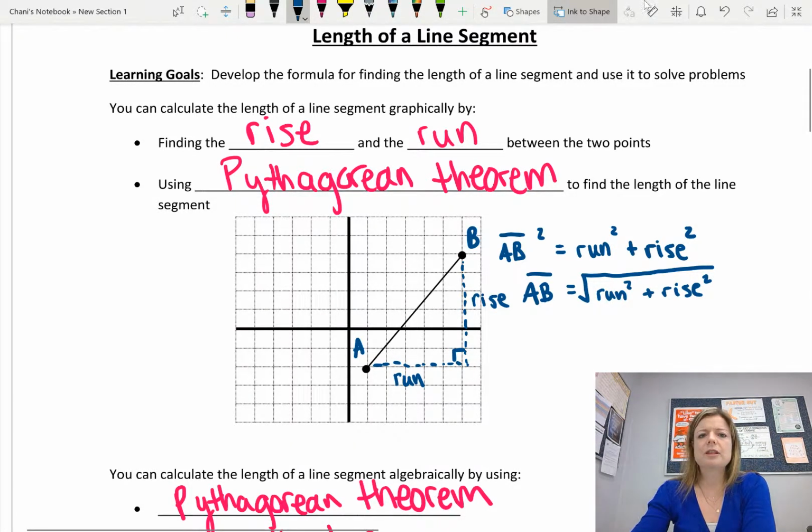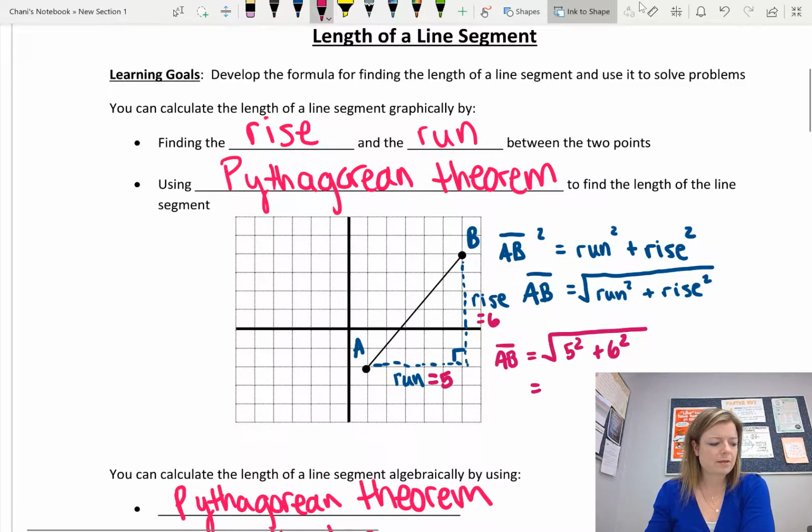So I'm just changing colors to show this specific example. If we take a look at this, we can see that this run is 1, 2, 3, 4, 5, and that the rise is 6. So the length of this specific AB is equal to the square root of the run, so 5 squared, plus the square of the rise, so 6 squared.